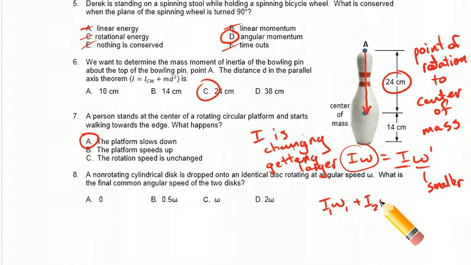And we have I1 plus I2, because they've combined, times the final omega. They're identical disks, so I1 and I2 are the same.